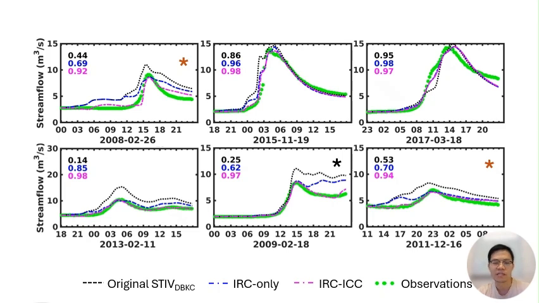We see gradual improvements from the original rainfall to IRC only, and then IRC plus ICC, and the contrast is substantial. For example, for the 2008 February event and the 2011 December event on the bottom right, we see that the early rise is being fixed really well by the extra ICC correction.